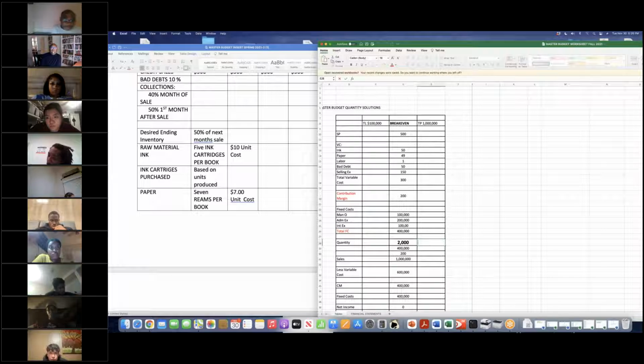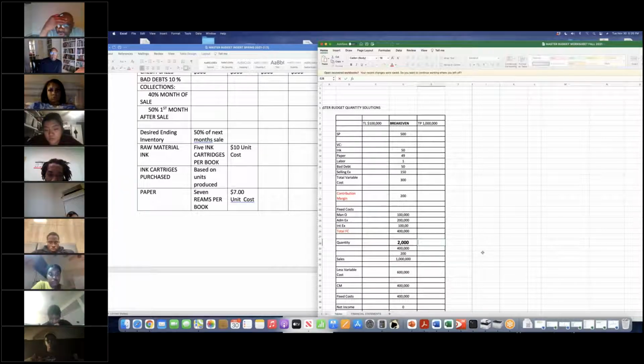So what's the quantity in here going to be? You have the fixed costs plus the target profit, divided by the CM. That should be like 7,000. So 400,000 plus $1 million, right? That's 1,400,000.